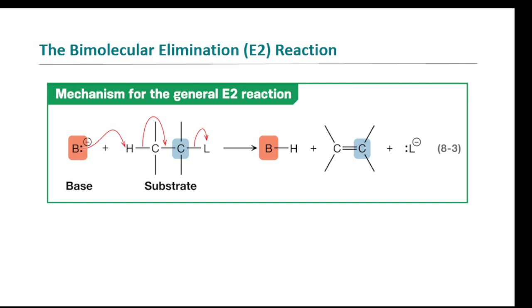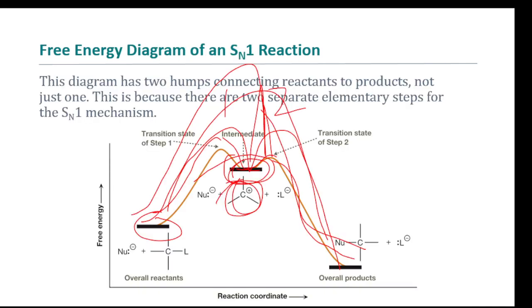Okay, so let's go ahead and look at the mechanism for a bimolecular elimination. Sorry, just to clarify before you move on. So you're saying for SN2 reactions, the nucleophile attacking the substrate is what pushes the reaction forward, whereas in the SN1 reaction, it's the leaving group that allows the nucleophile to attack.